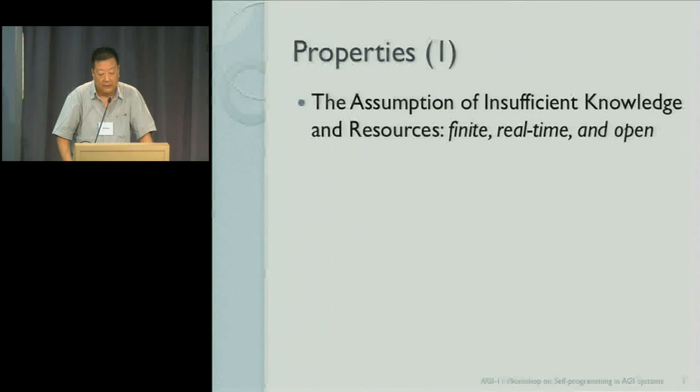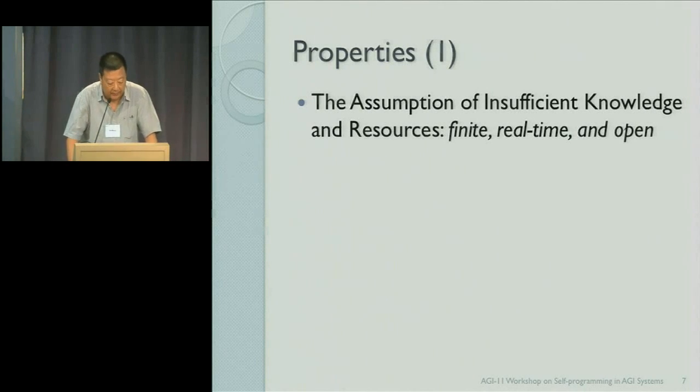Well, the most important assumption of NARS is that the system always works with insufficient knowledge and resources. It never has enough knowledge for the task, usually, except in very trivial or special cases. And also, it never has enough resources to try all possibilities.